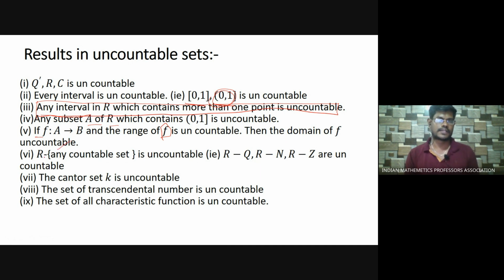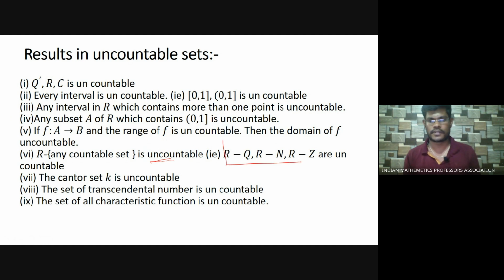The sixth one: the real numbers minus any countable set. We have already seen the previous example. Real numbers are uncountable, so any countable set removed, obviously it is uncountable.